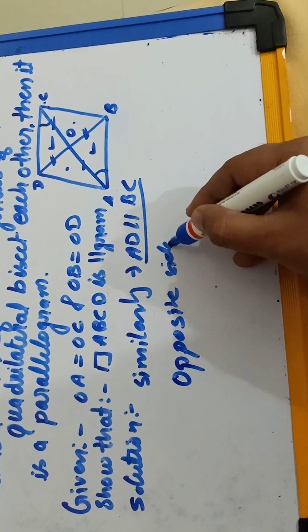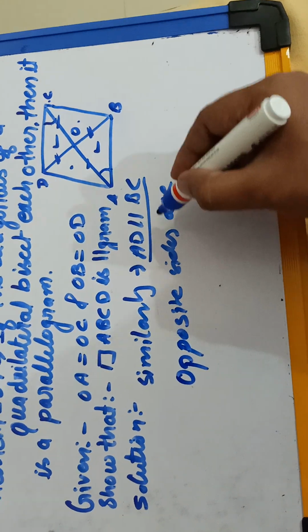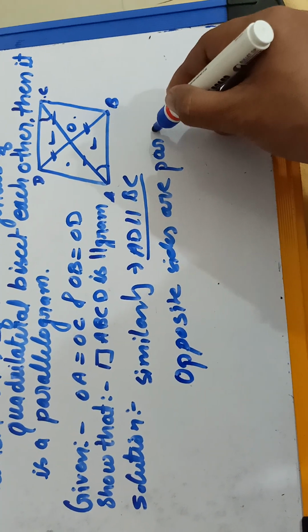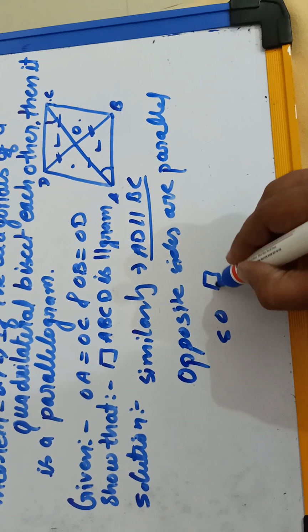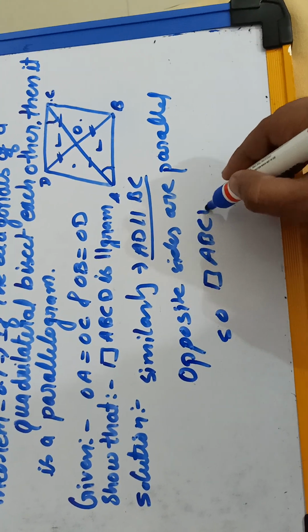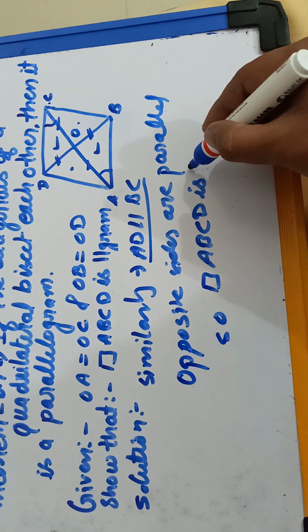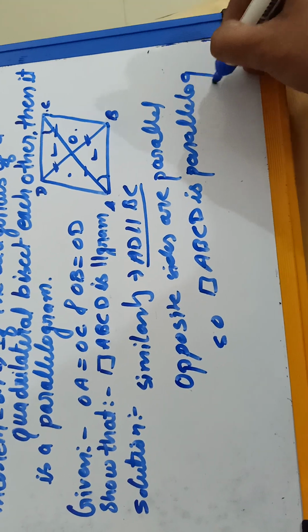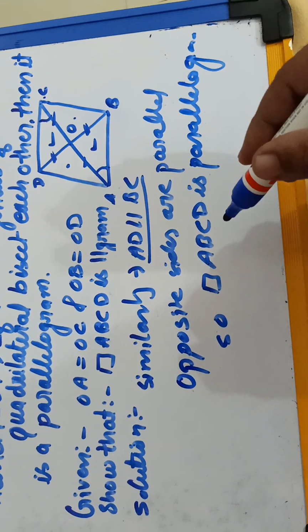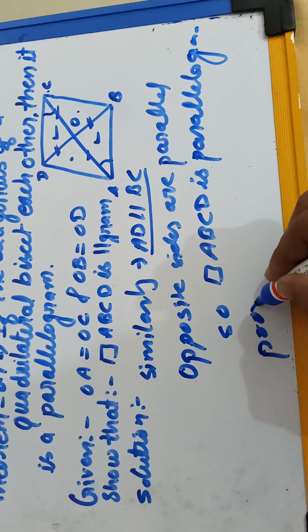So quadrilateral ABCD is a parallelogram. Hence proved.